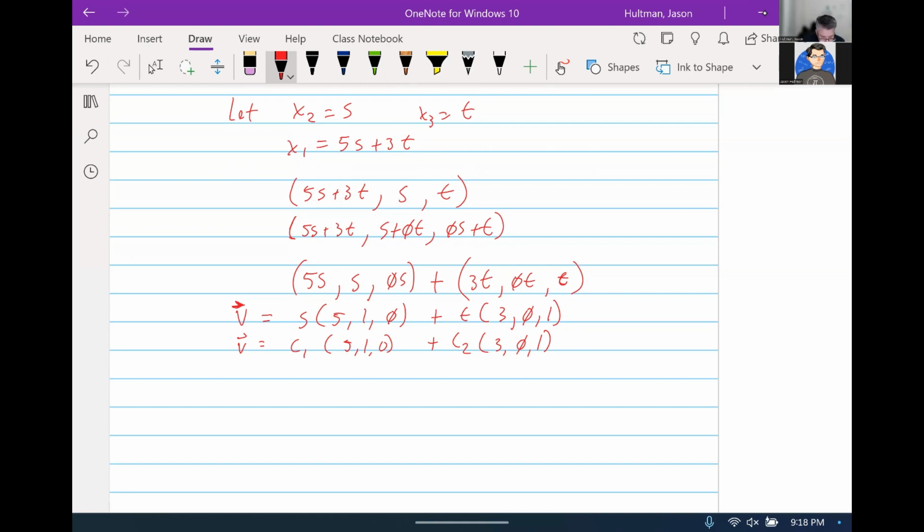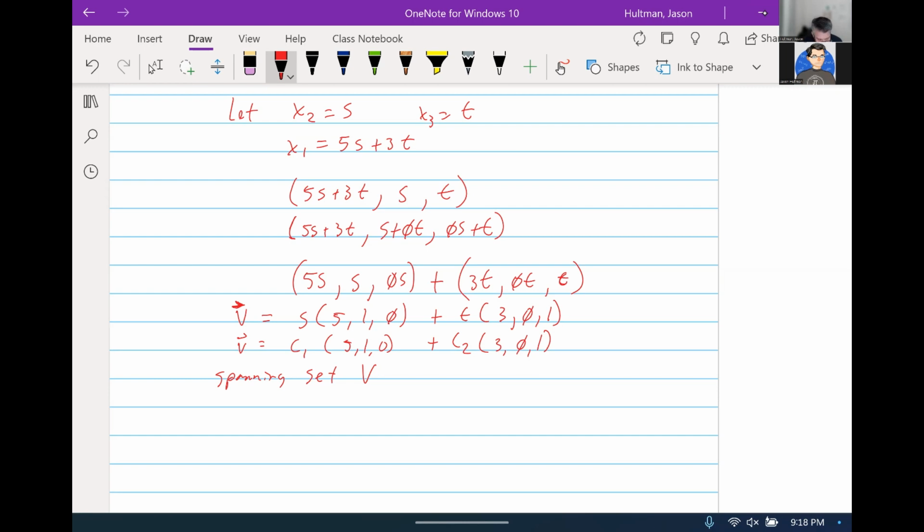So notice that the spanning set for V is for some vector space V. We don't know what that vector space is, but for some vector space V, and it could be a subspace of some other vector space that we already know about.